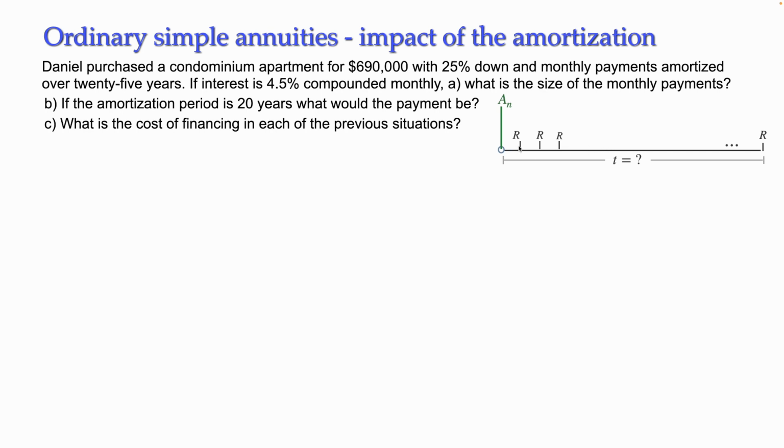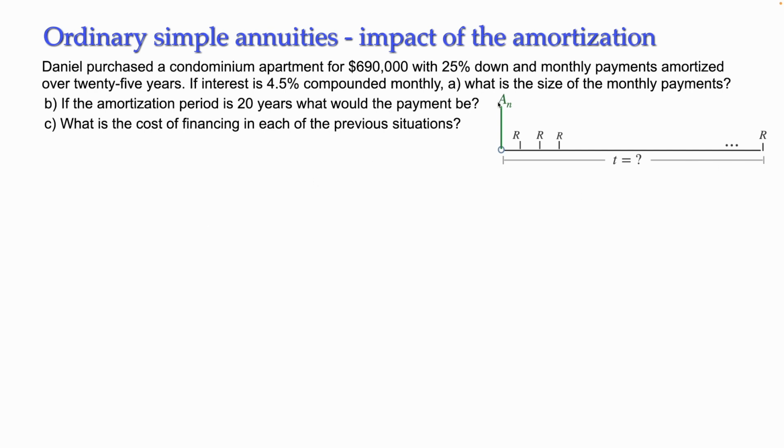In each of these payments will be included payment of the principal that you owe and payment of the interest. So what will be the difference in these payments, and what will be the difference in the cost of financing depending on the time? So that is what I want to illustrate.